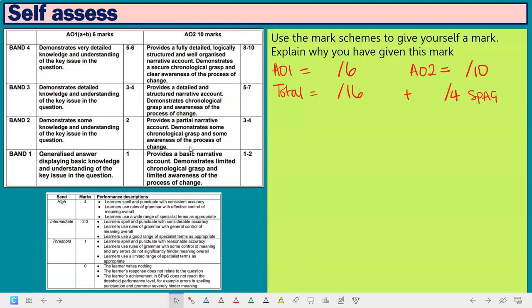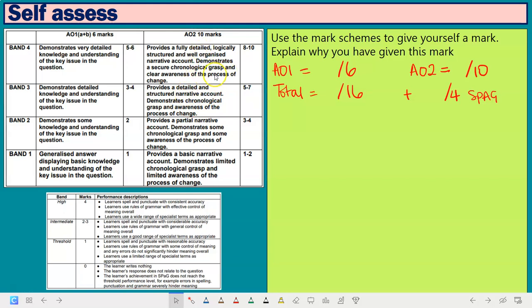If you've kind of told me a bit of the story, but not necessarily thought about what changed between them, then you're going to, again, be down in the band 1 or band 2. If you've been able to give lots of linking connectives, that's where you move into band 3 and above, okay?